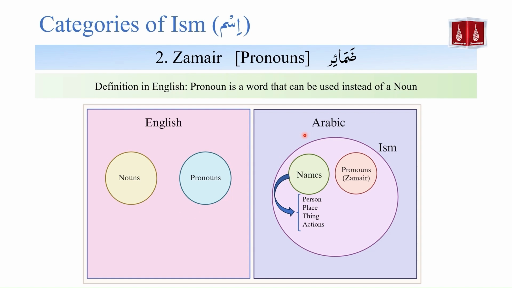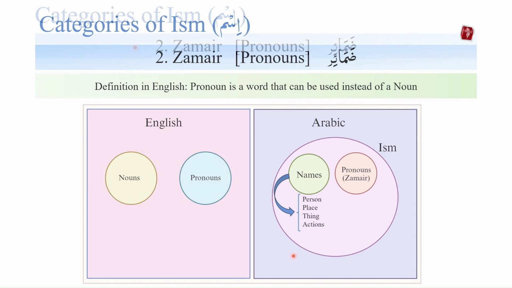But in Arabic, the names of person, place, thing, actions, as well as pronouns or zamay are all included within the scope of ism. Again, this highlights the point that ism is much broader in its scope as compared to noun in English. And keeping this diagram in mind, it would be incorrect to compare ism to noun and to say that these two are the same.